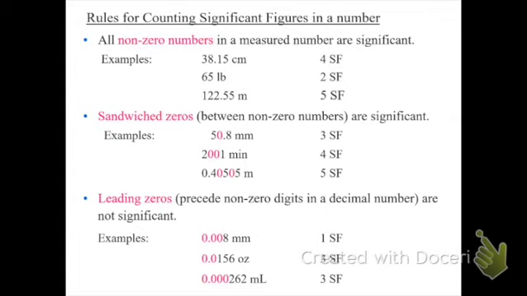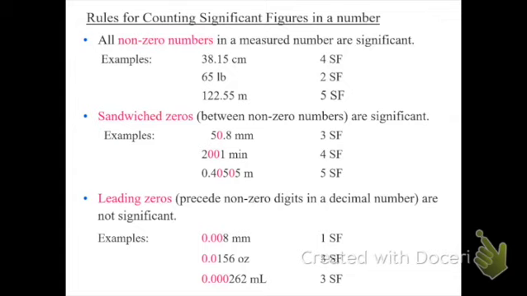The first rule says, all non-zero numbers in a measured number, important, in a measured number. We're talking about measured numbers here. All non-zero numbers in a measured number are significant. So if you have numbers that are non-zero, you count each one of them.